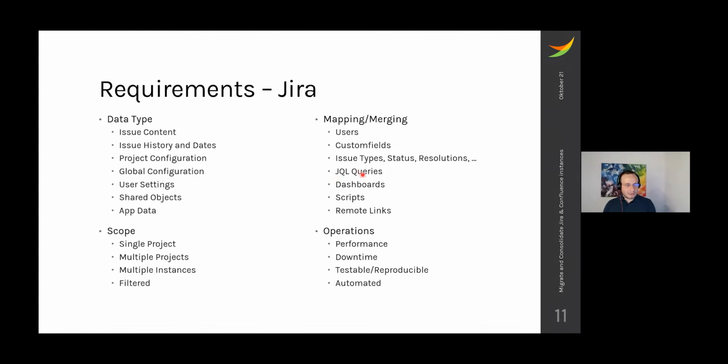I mentioned GQL queries already. This is what this is about. And we have dashboards, where every gadget has its own configuration, and apps may also provide their own gadgets, and so on.